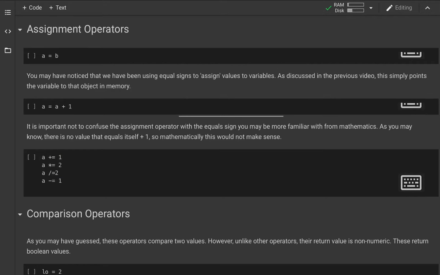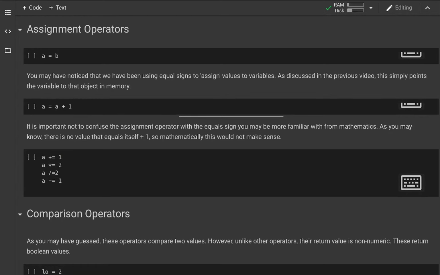But that's not what we're saying. We're just saying take the current value of a, add 1 to it, and that's what a equals now. And it should be noted whenever we have these assignment operators, the right-hand side of the expression is always going to be evaluated first. So that's evaluated first, and then you just assign a that value.